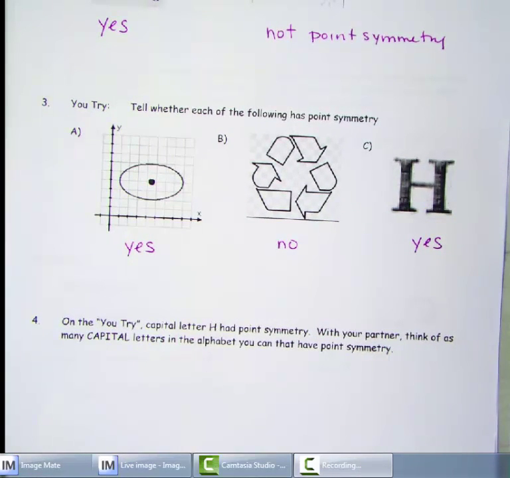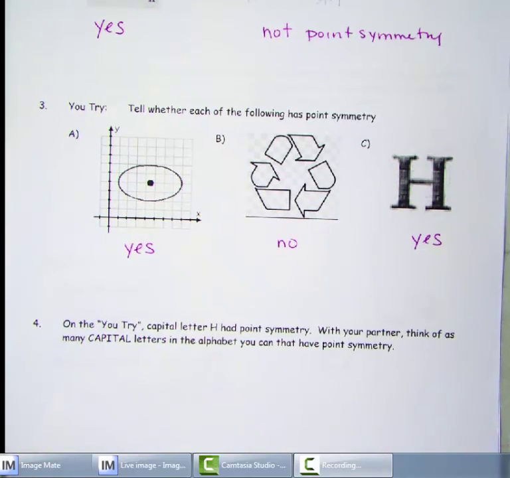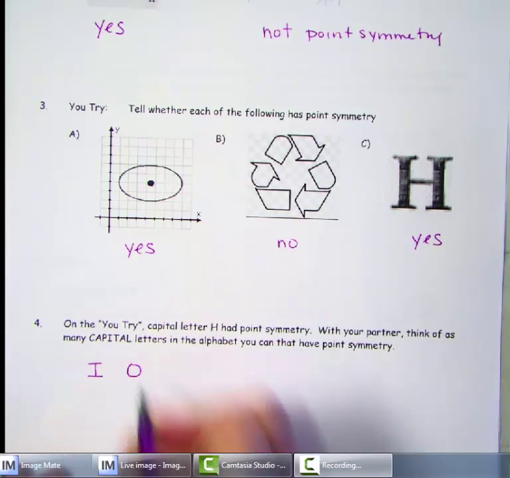What I'd like you to do is pause this video, and with your partner, think of as many capital letters in the alphabet you can that have point symmetry. Pause the video now, and with your partner, write down as many capital letters that have point symmetry. Okay, now that you're back, you and your partner can check your work. Capital letter I looks the same upside down. O looks the same.